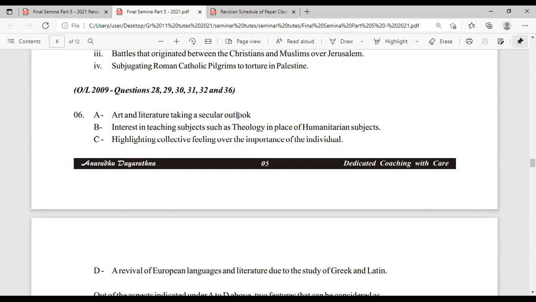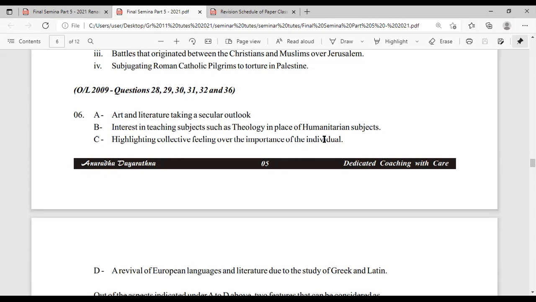Secular means worldly. Theology in place of humanitarian subjects. So theology, philosophy, law. Here it comes literature, history, ethics and all. Highlighting collective feelings over the importance of the individual.